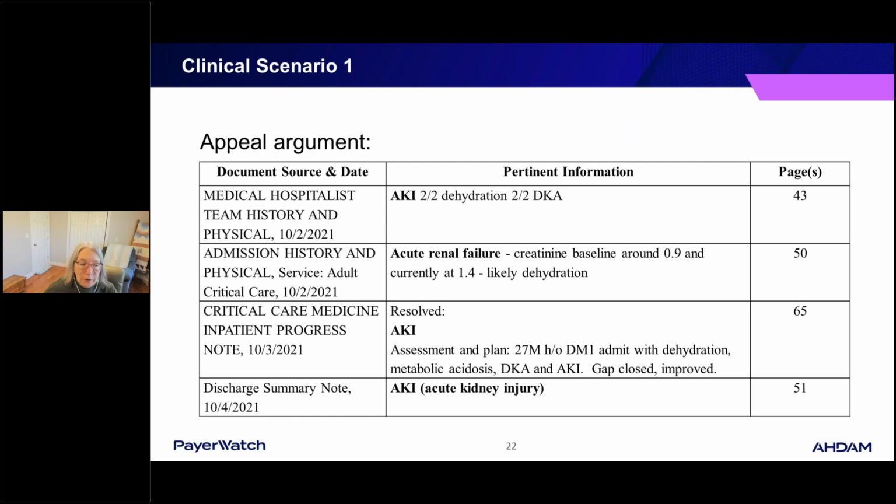So yes, acute renal failure was documented one time in the admission history and physical, but acute kidney injury was documented several times, okay? In the hospitalist history and physical, in the critical care medicine inpatient progress notes, and also in the discharge summary.